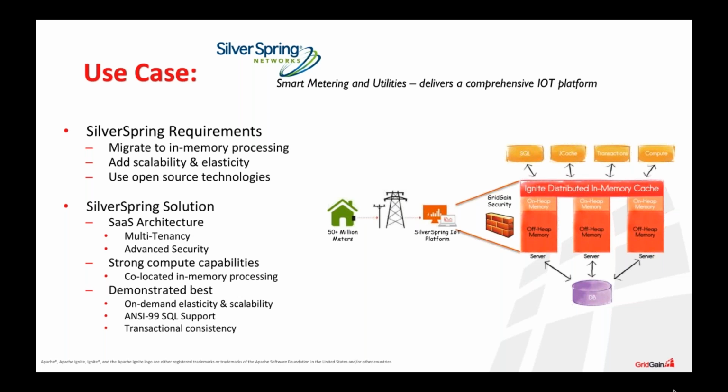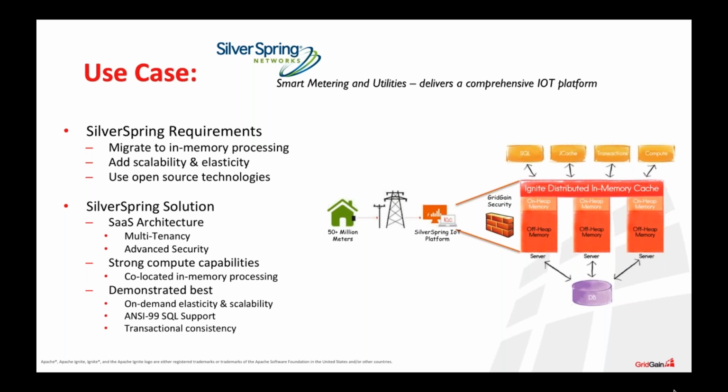This information is transferred and stored in an Apache Ignite distributed cluster, and then using a variety of different APIs that are supported by Apache Ignite, like ACID, SQL engine, or distributed transactions, Silver Spring Networks can decide how to dispatch and deliver power to different locations.